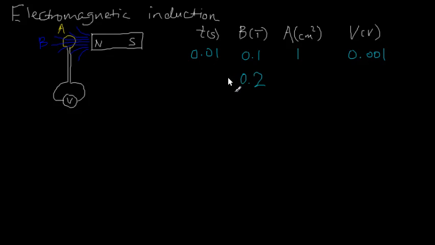Again, the loop is the same loop, so the area is still 1 cm squared. But this time, when I use this magnet that is 2 times stronger, I'll find that the voltage that I observe in the voltmeter is also 2 times higher.